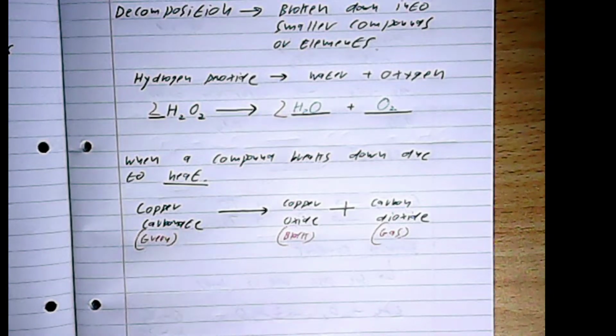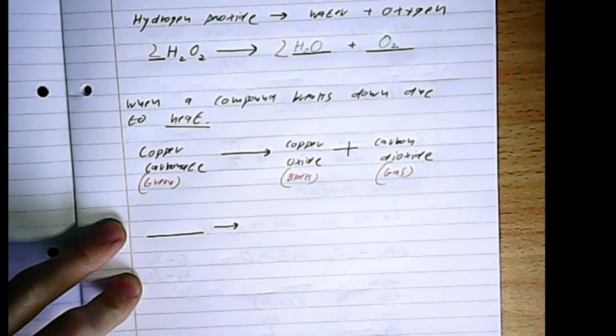Now we're going to do a formula equation for this reaction. What's good about this one is the way the formulas work, it's already balanced. We don't need to change any of the numbers. So I'm going to see if you can come up with the formula for copper carbonate, but I'm going to give you the formulas for the products, the copper oxide and the carbon dioxide.